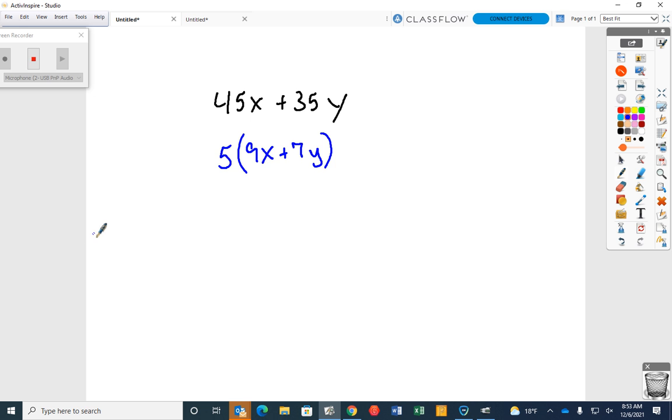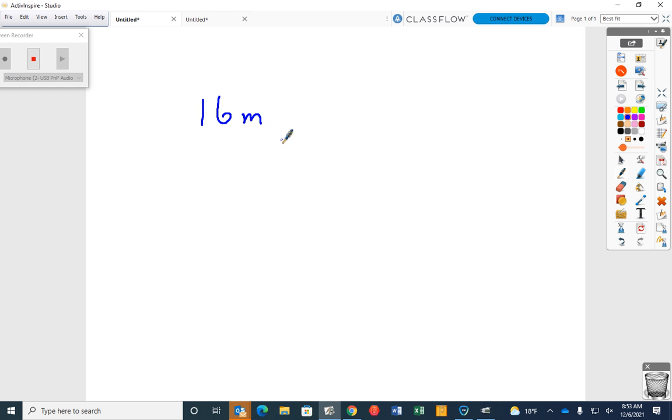Try this one. 16m minus 28b. Just try it without saying anything.